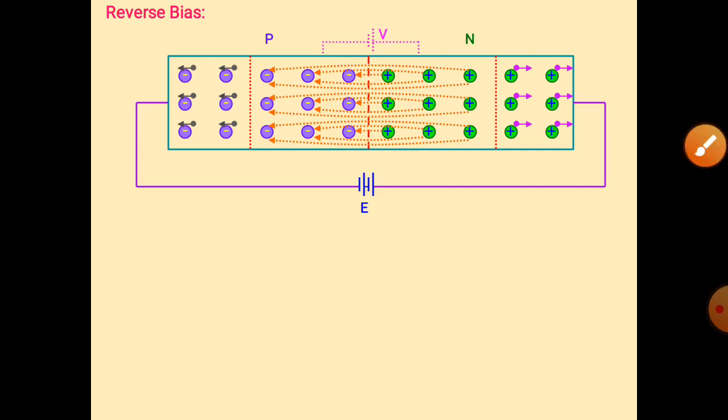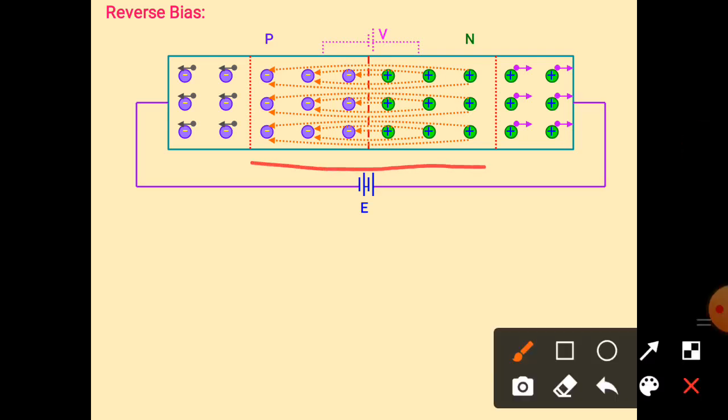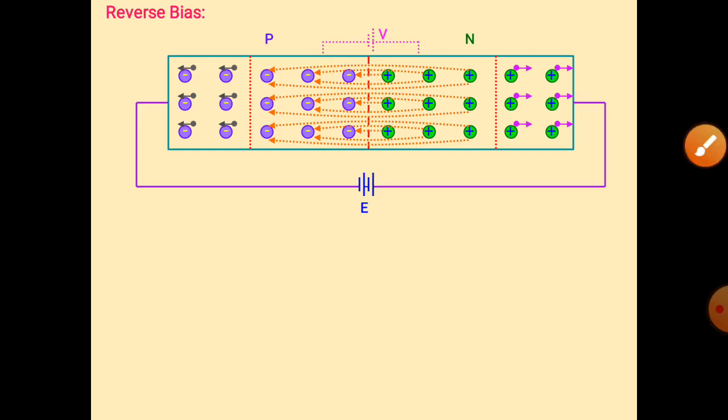So now electrons can't easily come from the N type of semiconductor to the P type. So now electrons face more potential barrier. Now electrons want more energy to come from N type to P type of semiconductor. So here, yeah, now the depletion region is more than the previous one.